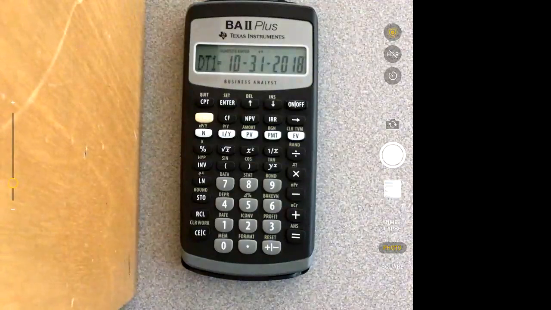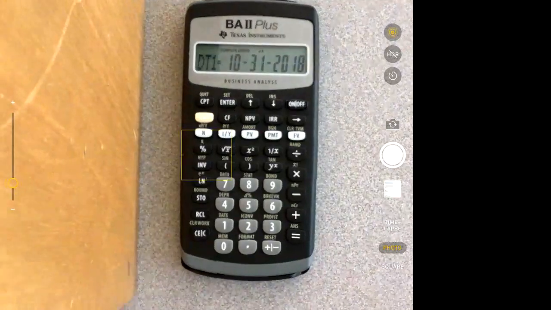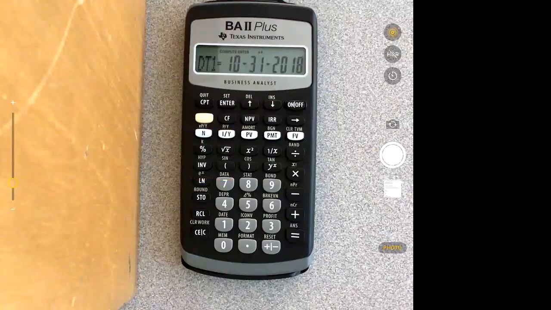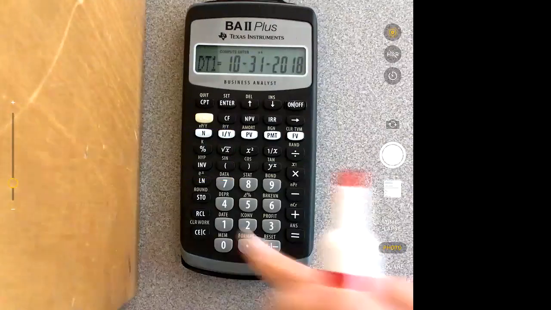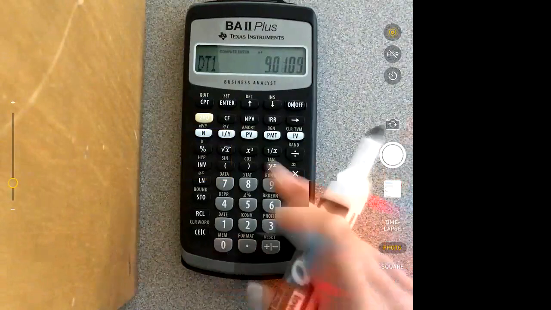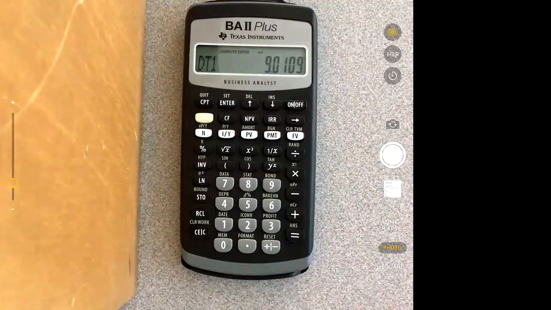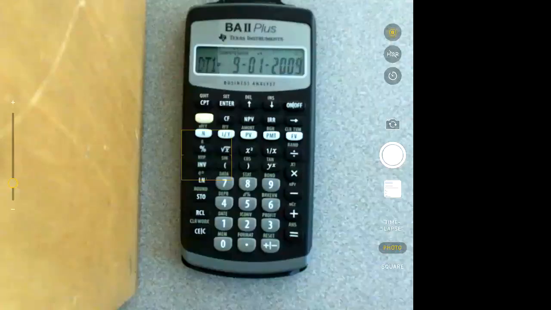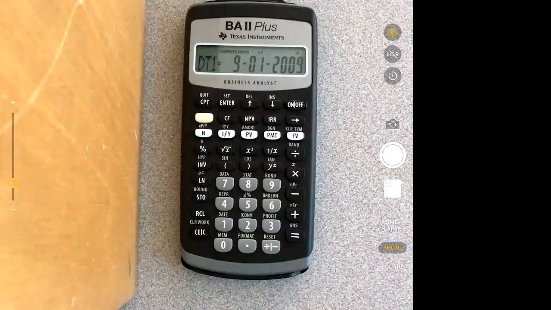When you start to enter stuff, let's enter 09.0109. It doesn't go to that format until we hit enter. So to store things, you have to hit enter. When you hit enter, if it's in the right format, it should show up like so.